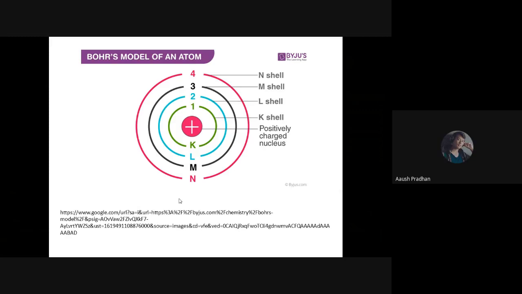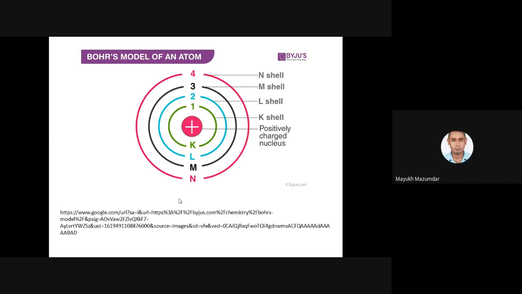Sir, it was the same as the previous model, but the shells were divided as K, L, M, and N, sir. Okay, very good. And it told us about the condition of an electron to stay in an orbit, and also about some discrete properties they possess, like angular momentum, isn't it?